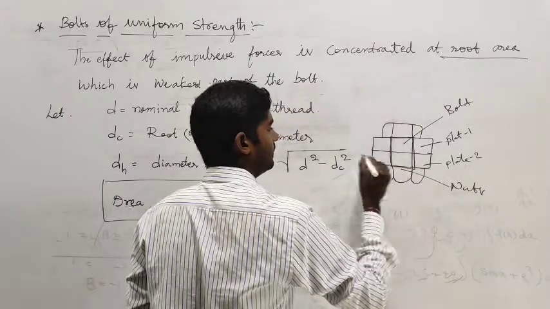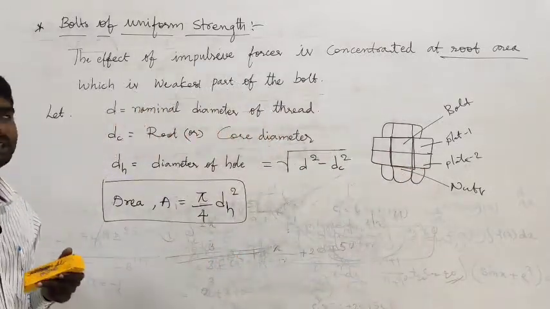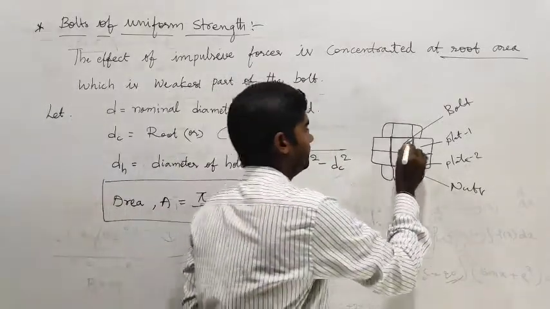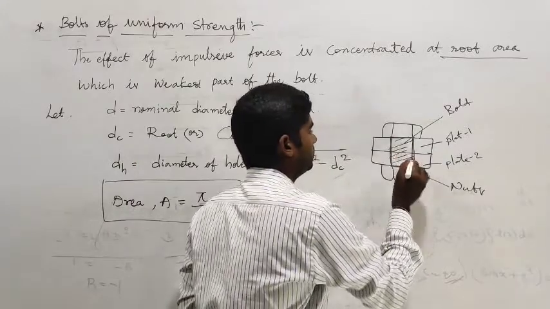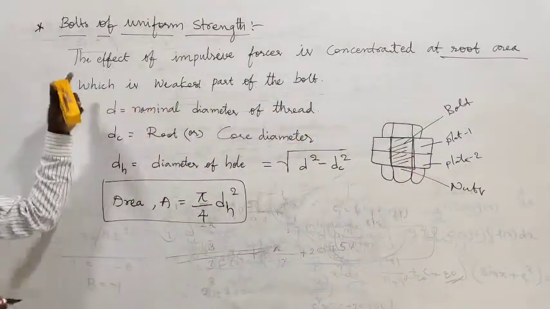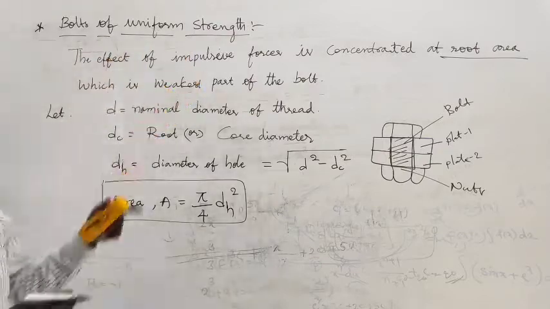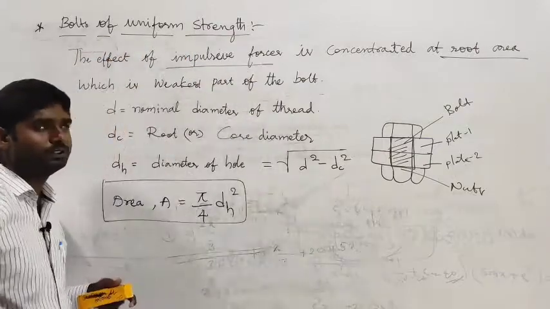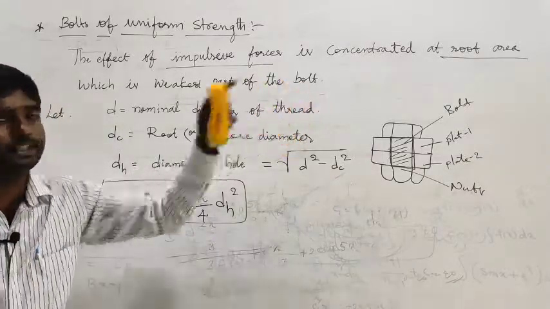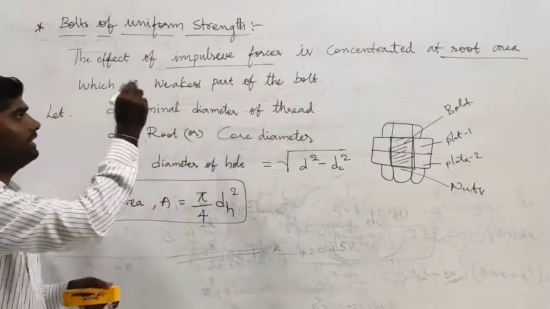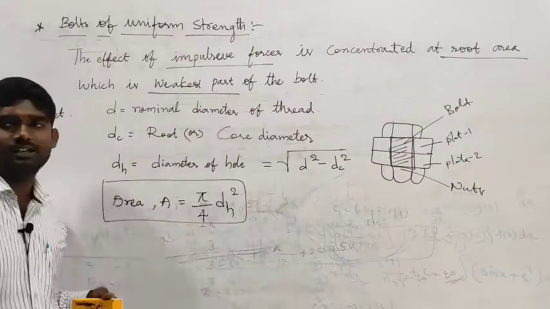This is the weakest part of the bolt. In bolts of uniform strength, the effect of impulsive forces is concentrated at the root area, which is the weakest part of the bolt.